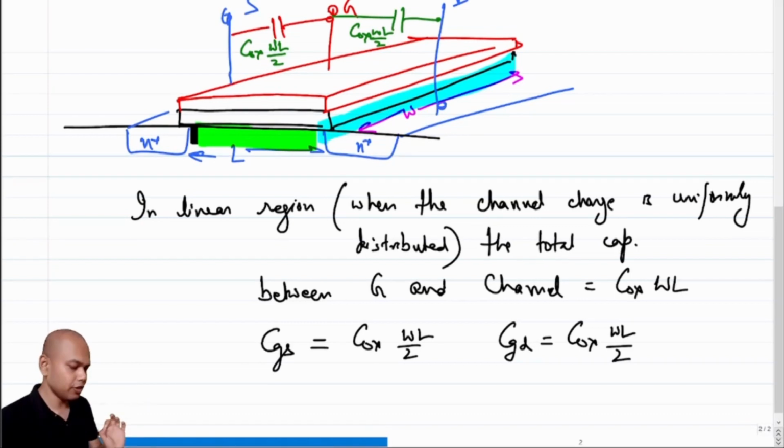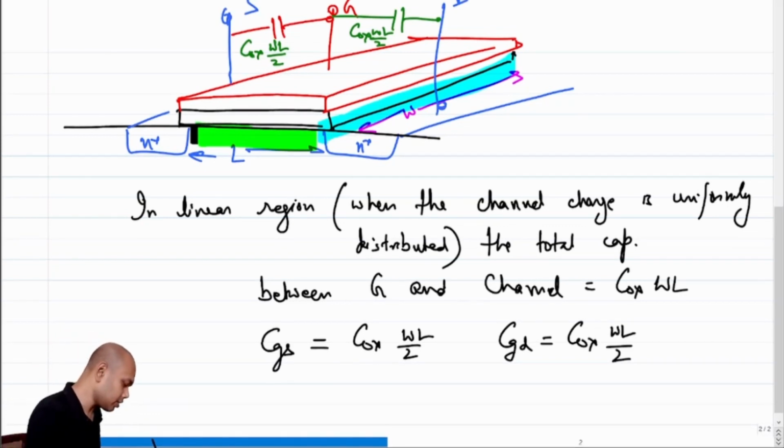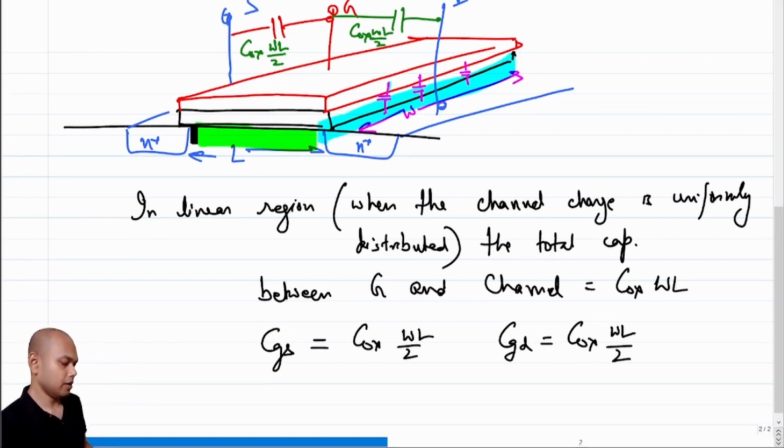So there has to be an overlap, but because of that overlap, there will be a physical, extra capacitance also associated between the gate and the drain, and on the other side also between the gate and the source, right?